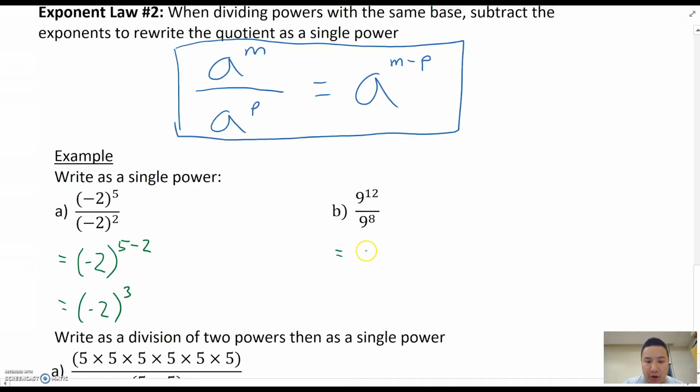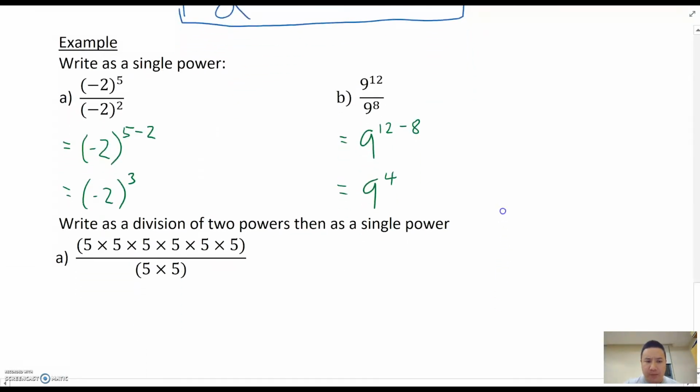So our base is going to be 9. And our exponent is going to be the result of the top exponent, which is 12, minus the bottom exponent, which is 8. So 12 minus 8 is 4. There you go. So that works out to 9 to the power of 4. And we're done.